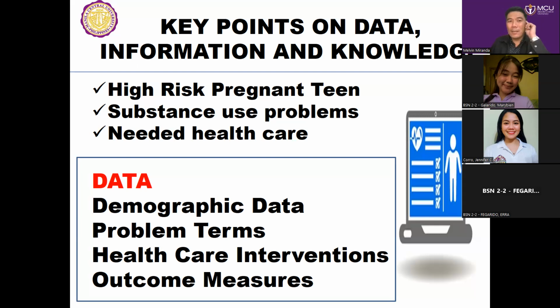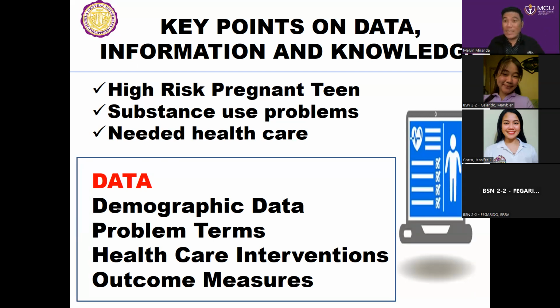Why is high-risk pregnancy considered information? It is information because it answers the health situation: the person is pregnant. It specifies that she is high risk. And the teen is specifically the age group, teenager. So we can identify teenagers in the specific age group.